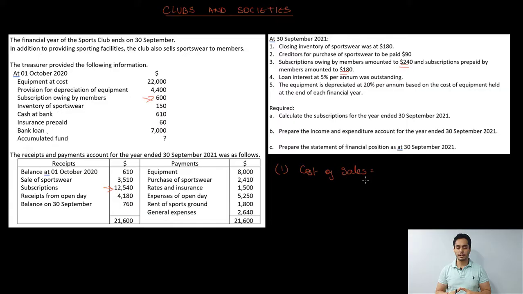But there's also an adjustment here, adjustment number 2, which says that creditors were remaining to be paid at 90. It means the total purchases for sportswear was 2410, the payment made, plus the closing creditors balance of 90, so 2500 would be the total purchases. And from this we will deduct our closing inventory of sportswear, 180.